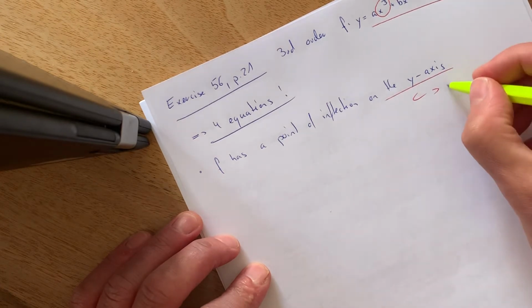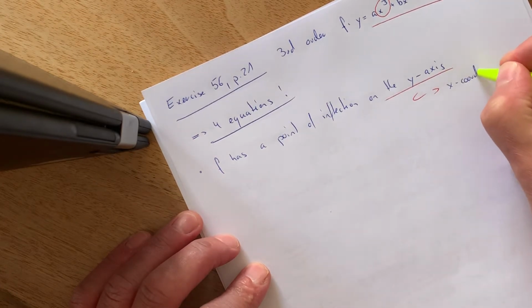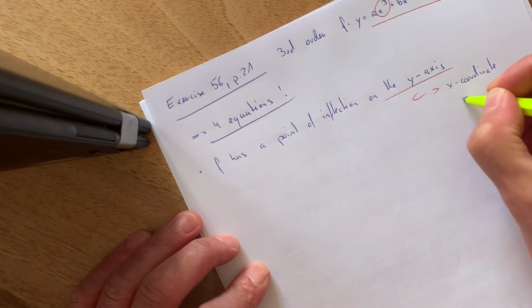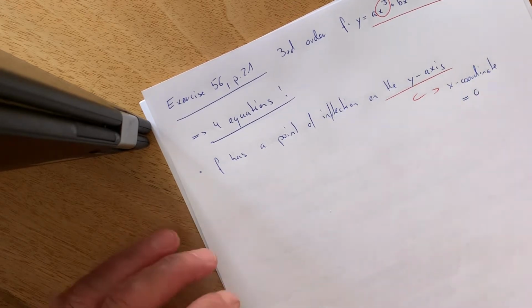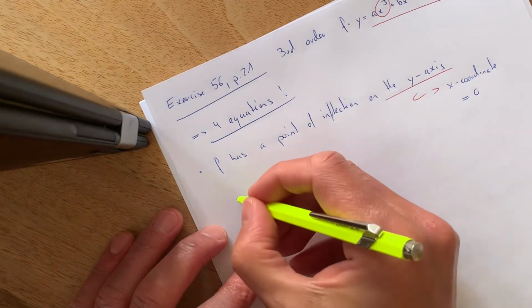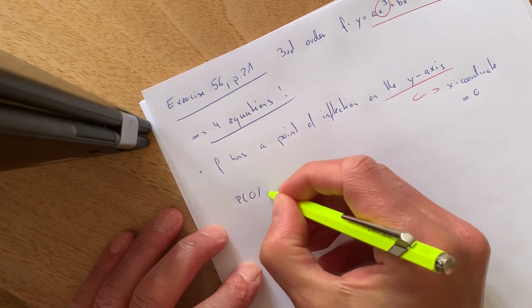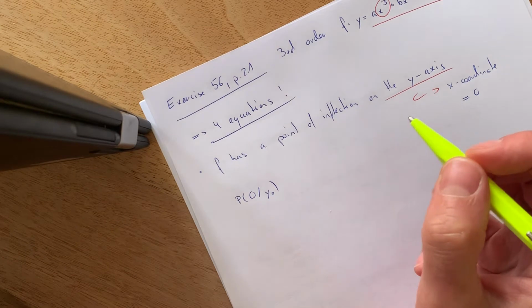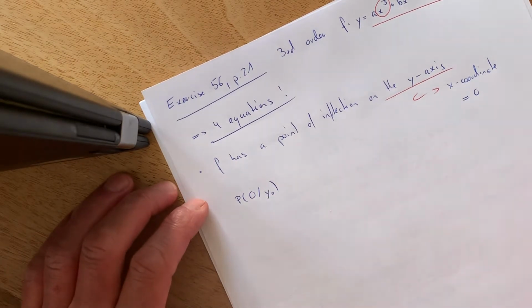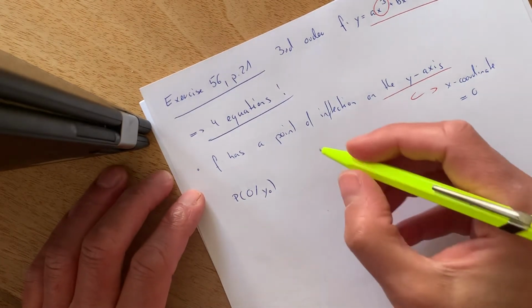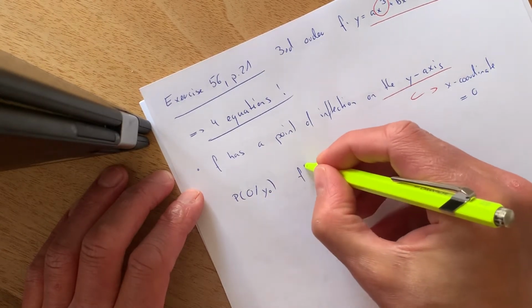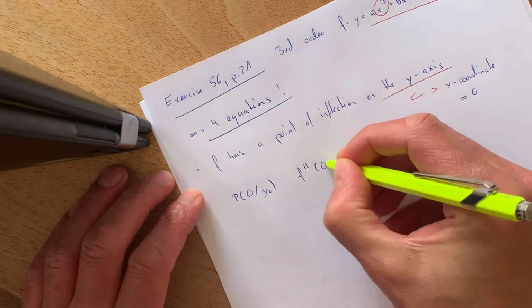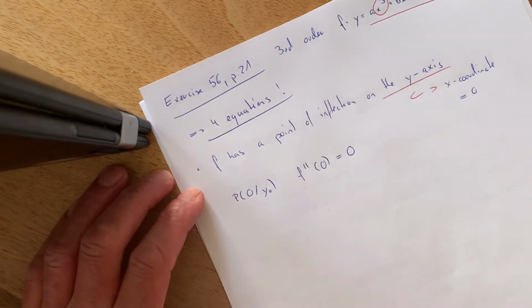Well, this means x-coordinate equals 0. However, we don't know the y-coordinate of that point, so let's say our point is the following one, 0, and y0, and y0 is just the unknown y-coordinate. So f has a point of inflection there, which means that f double prime of 0 is 0.